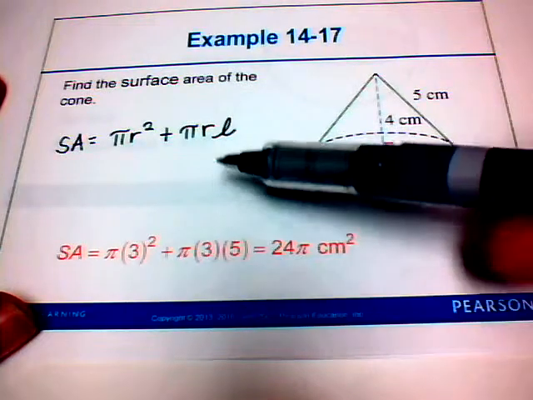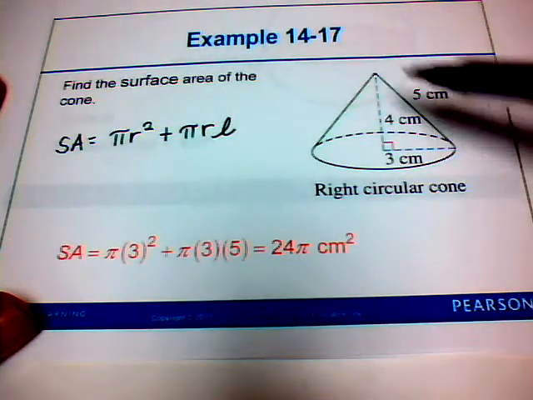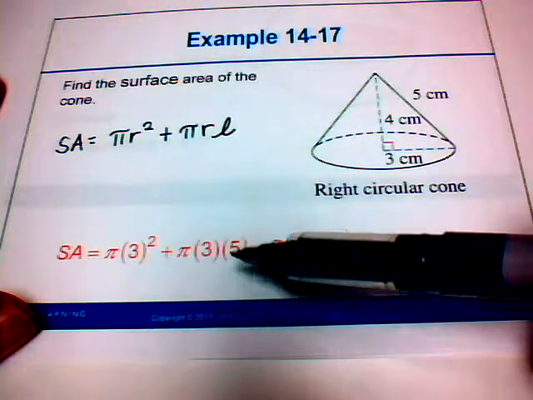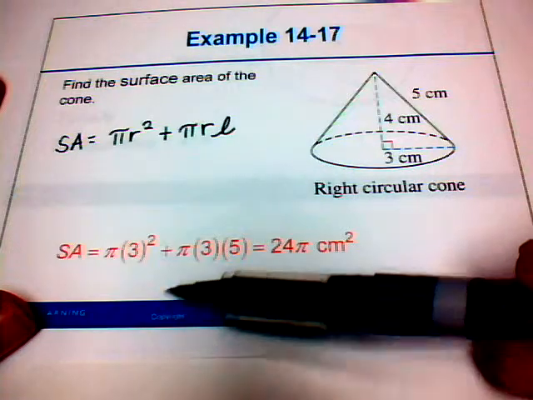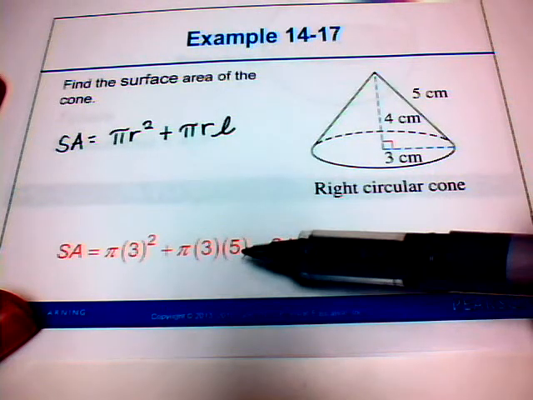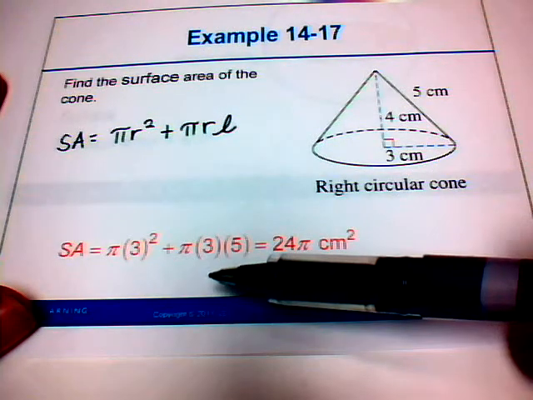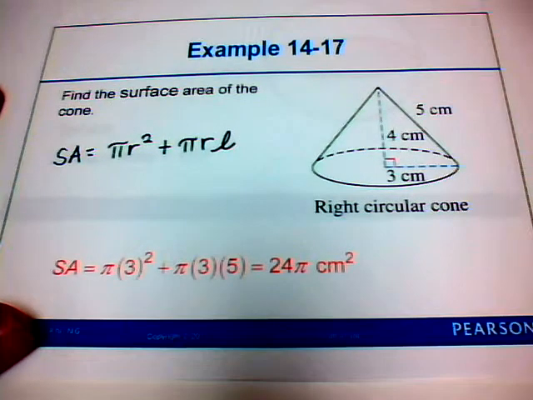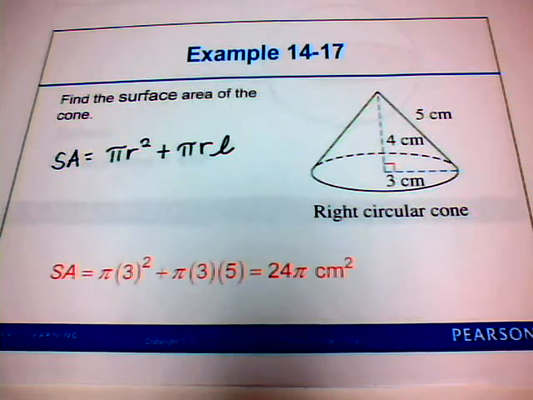Plus pi again, times r, again that's 3, times L, which is your slant height, that's 5. So if you simplify this, 3 squared is 9, so that's 9 pi. 3 times 5 is 15, so you have 15 pi. 9 pi plus 15 pi will give you 24 pi. So the surface area will be 24 pi square centimeters.